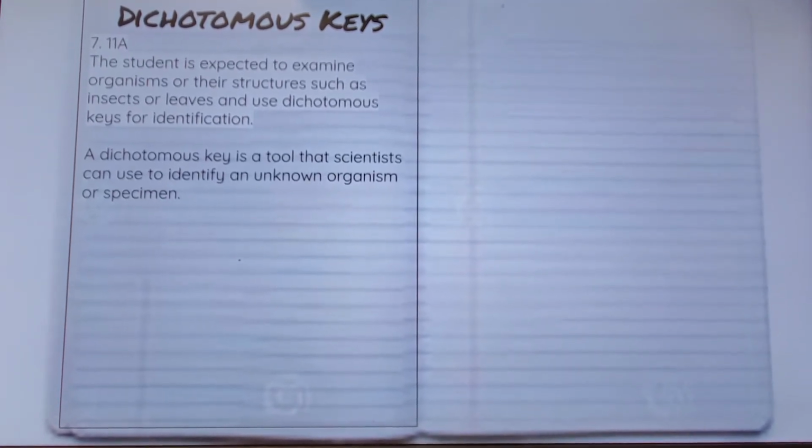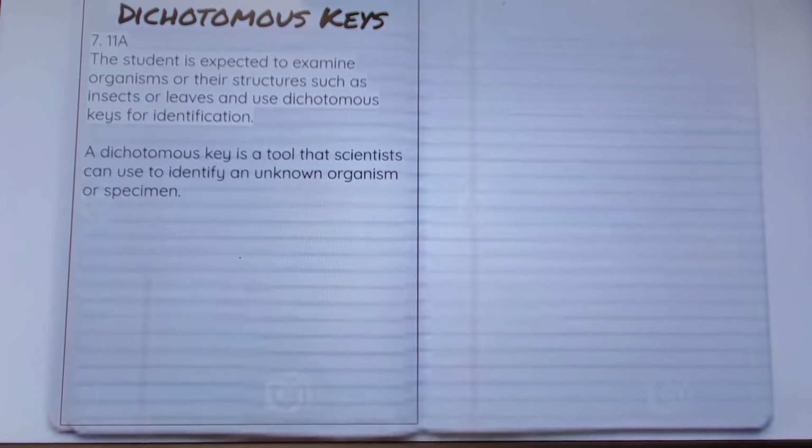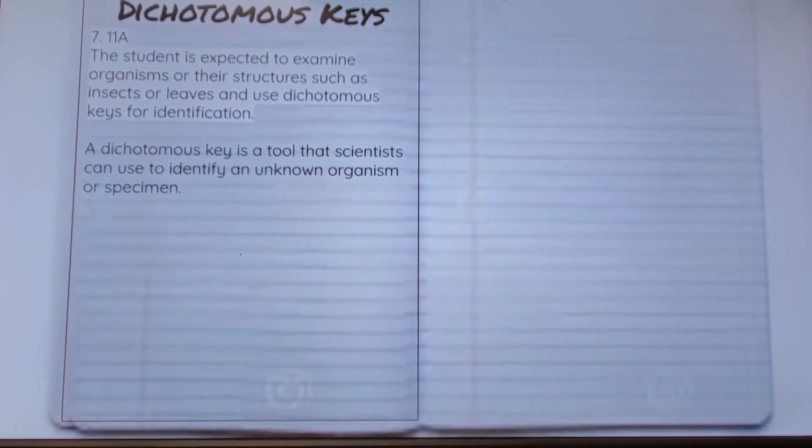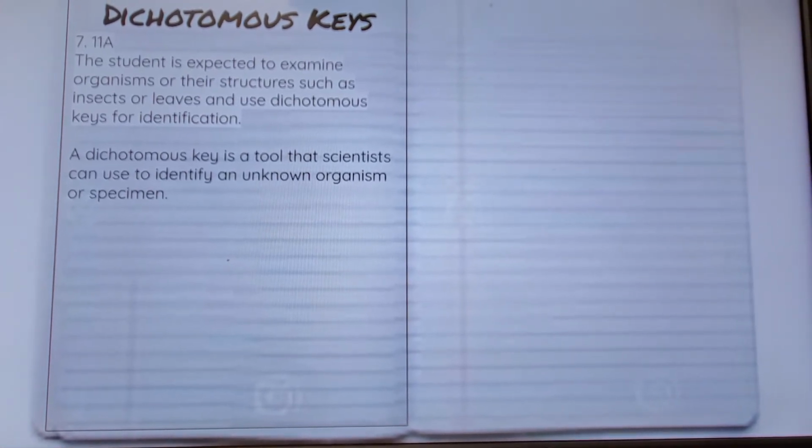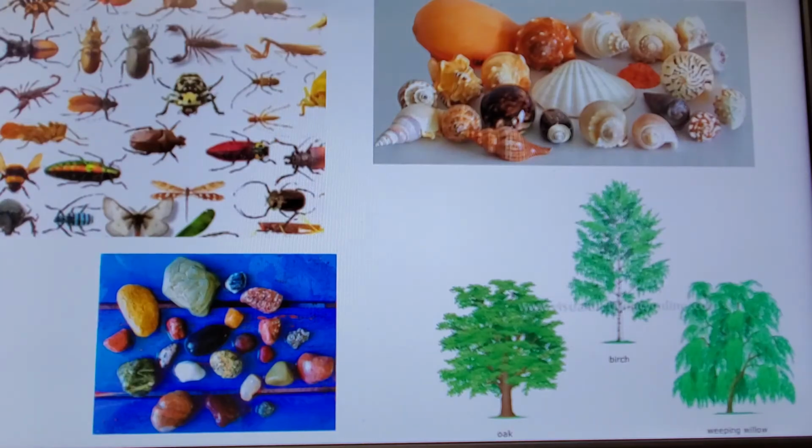As we said yesterday, you're expected to examine organisms and their structure, like how they look, of insects and leaves, and use dichotomous keys for identification. So it says a dichotomous key is a tool that scientists can use to identify an unknown organism or specimen. And I say specimen because we can use dichotomous keys for all kinds of stuff.